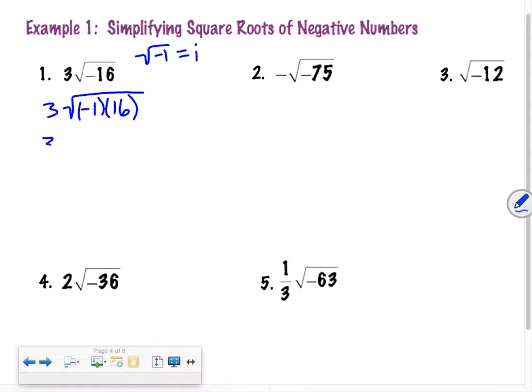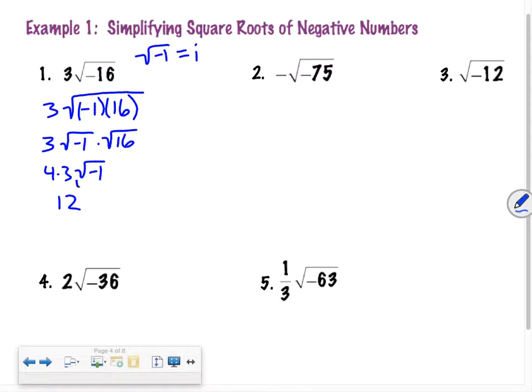Using the radical rule, I could rewrite this as the square root of negative 1 times the square root of 16. Well, you know what the square root of 16 is. It's just 4. So I could rewrite this as 4 times 3 times the square root of negative 1. 4 times 3 on the outside simplifies to 12.